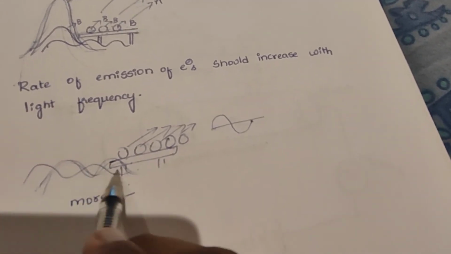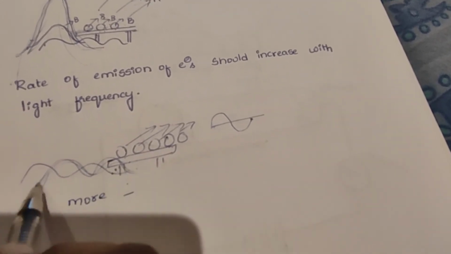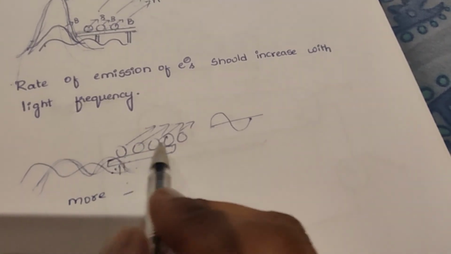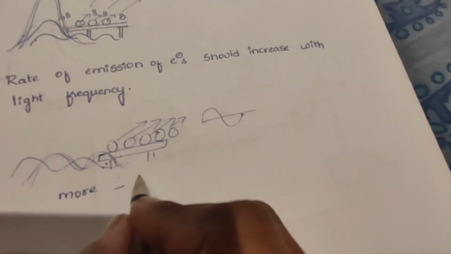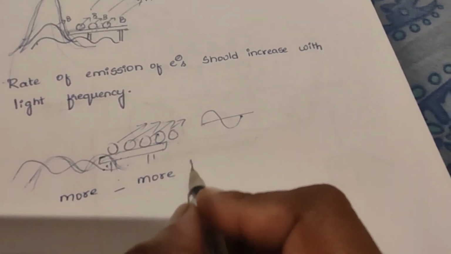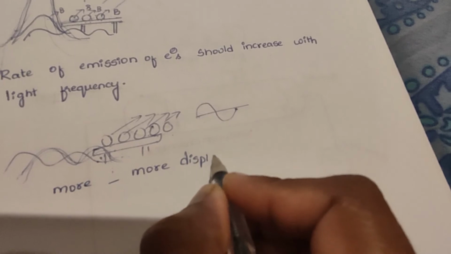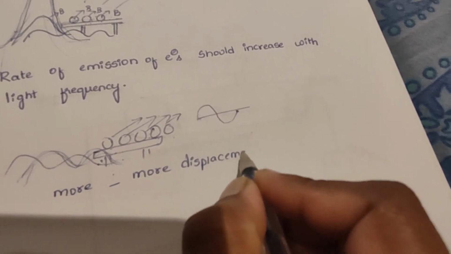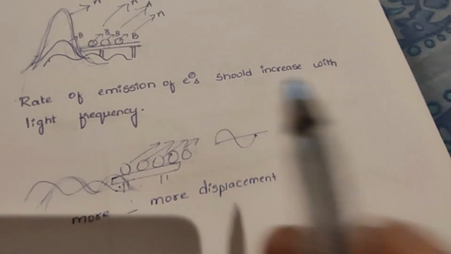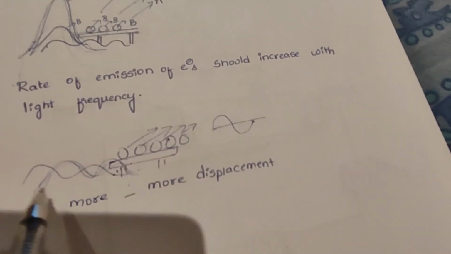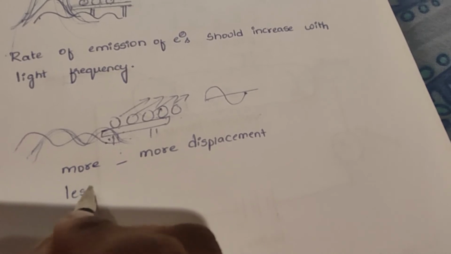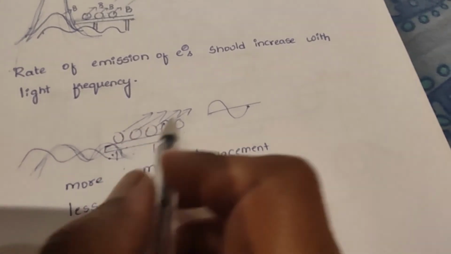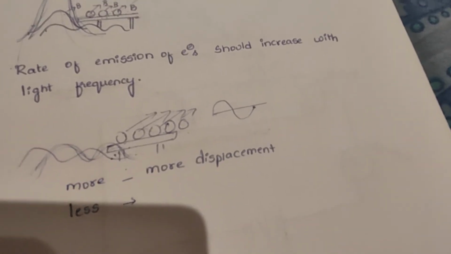So if the number of waves hitting the dock increases, the balls getting displaced will also increase. If you consider one or two waves hitting the dock, meaning fewer waves, then the balls displaced will be fewer.